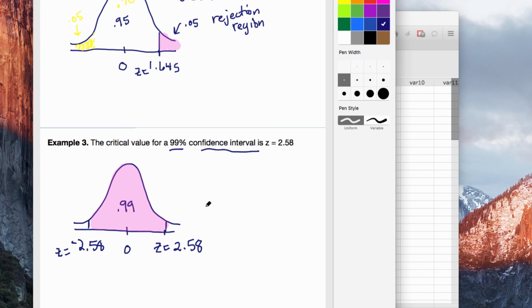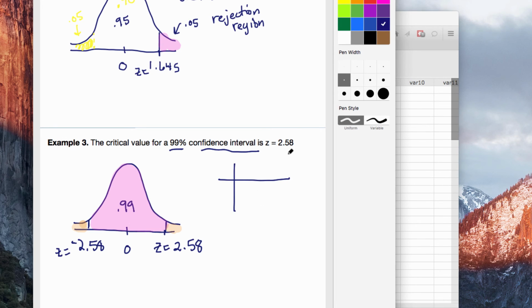If we ended up using a normal table to find this value, it takes a little bit more work, and you have to focus on what area is in the tail. So you just don't look up in the table 0.99. Let's draw out a table here.